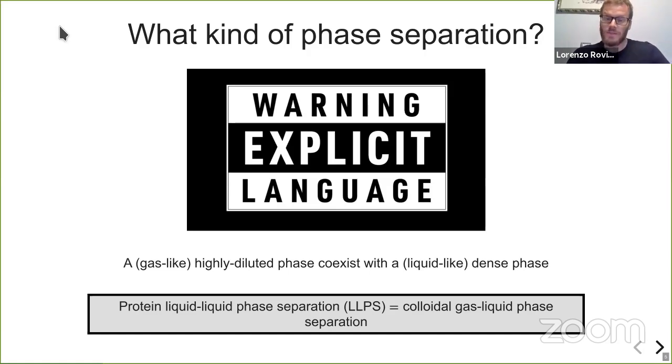And liquid-liquid phase separation is actually a completely different thing: a phase separation between two liquids, between two dense phases. So one has to be quite careful if you want to look something up on Google or Scopus. We are talking about protein liquid-liquid phase separation, but in some slides later I'll probably say something about gas-liquid phase separation. These things are the same thing in this context.